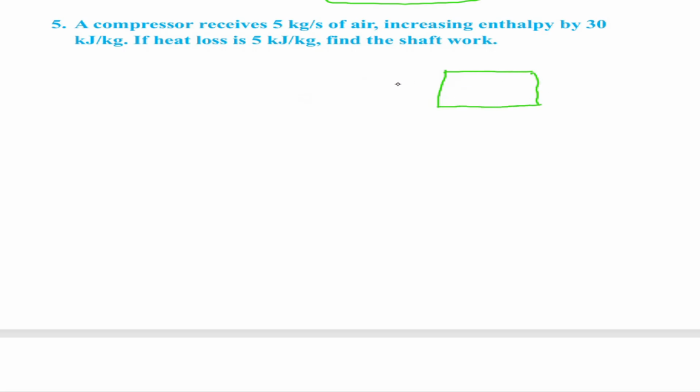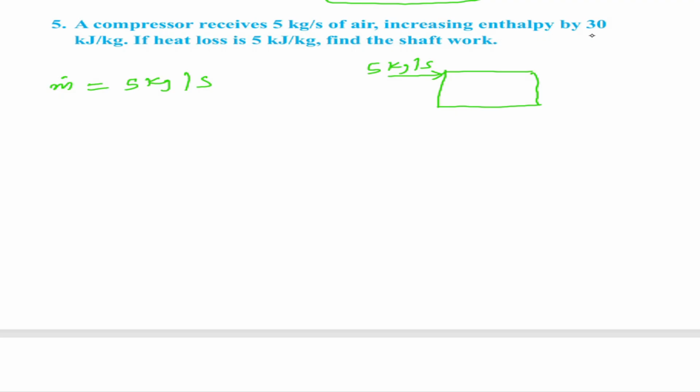Open system means mass interaction is there. Mass is coming, given as 5 kg per second. Here m dot, where dot represents rate, is the mass flow rate.